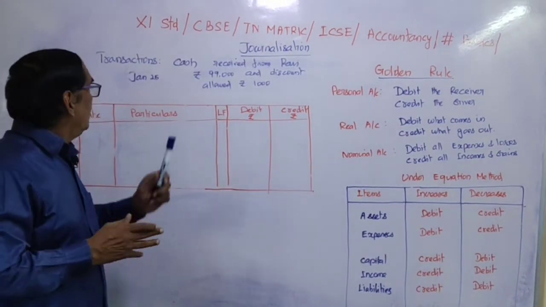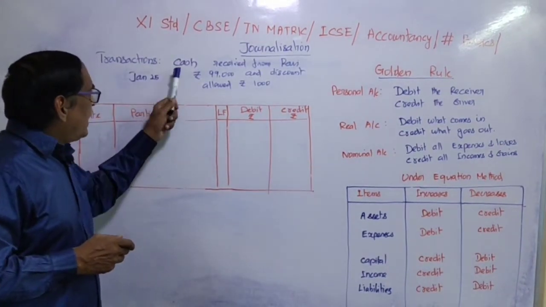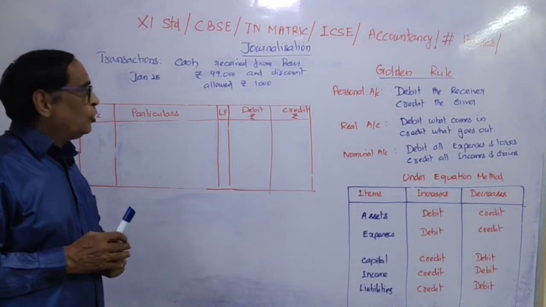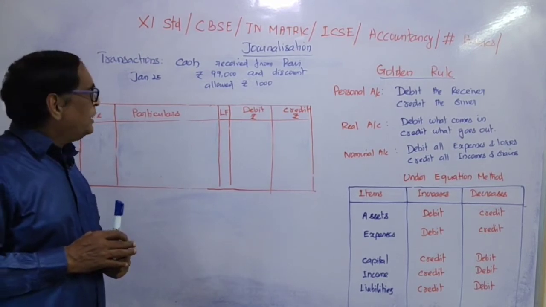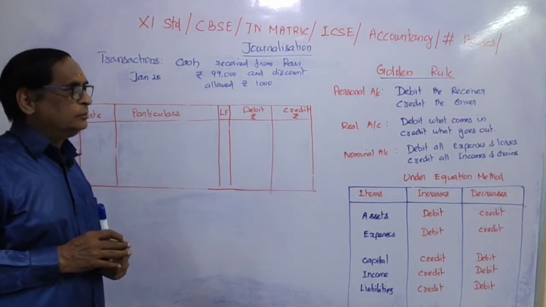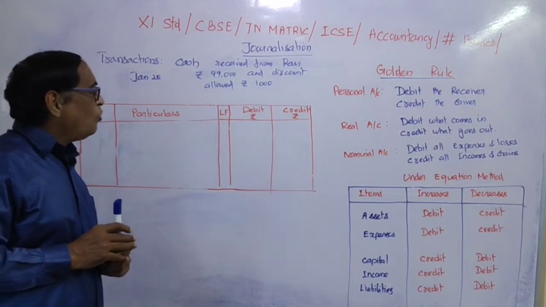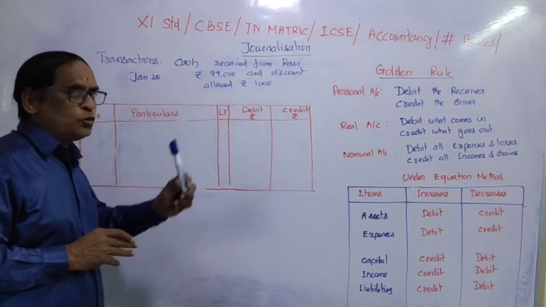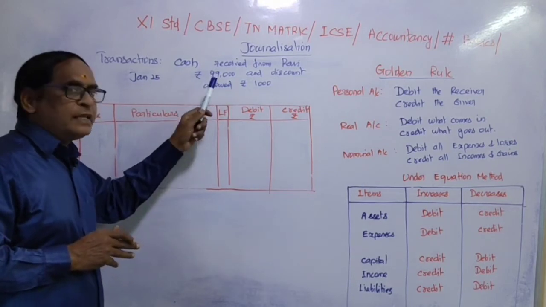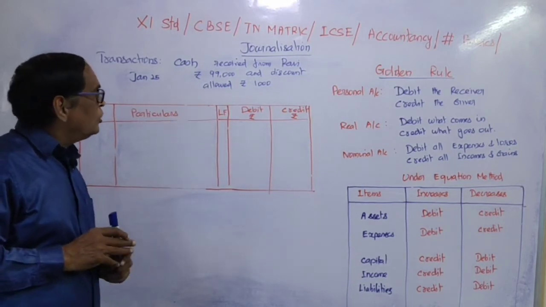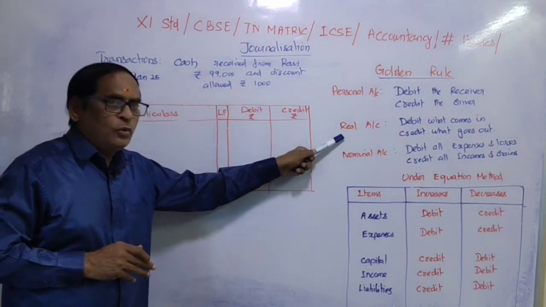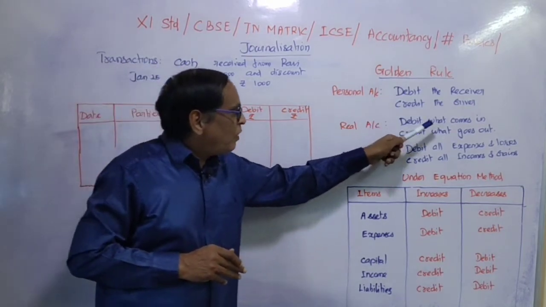Understand? Jan 25th. Cash received from Ravi rupees 99,000 and discount allowed rupees 1,000. Actually, we made a sale of rupees 1 lakh. Out of 1 lakh, we received 99,000 rupees. So that is cash received, 99,000 rupees. It comes under real account. Real account, debit what comes in.